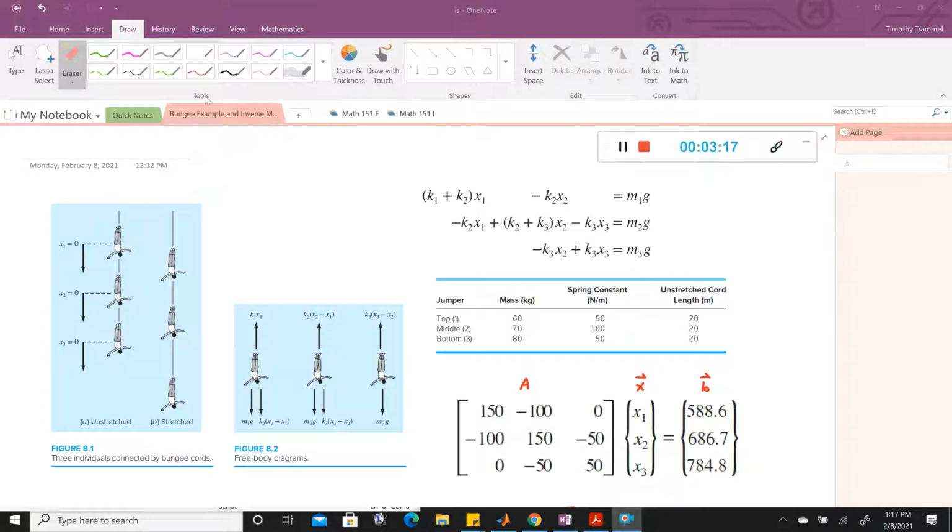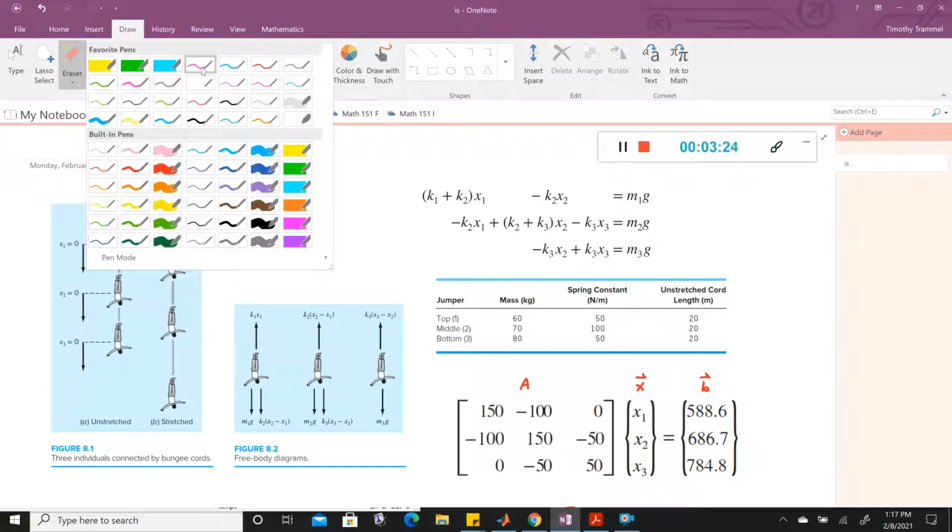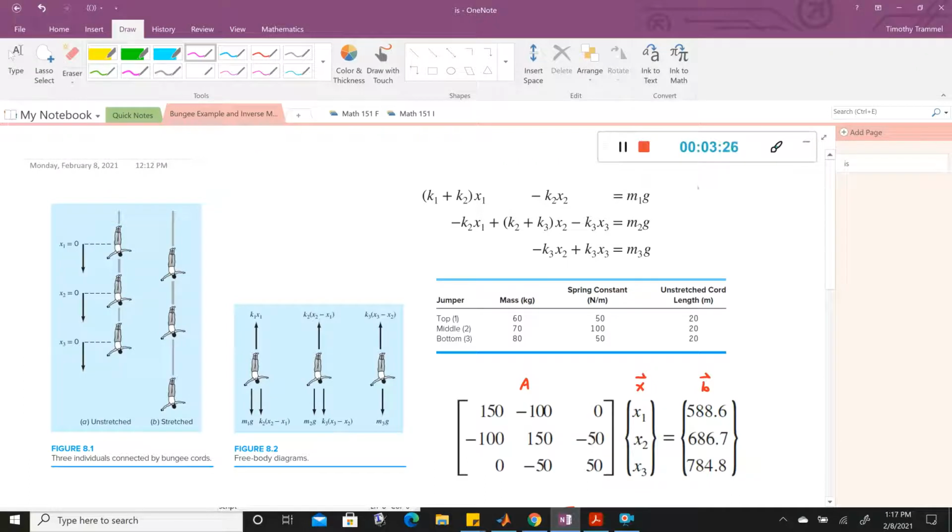And the things that you would need to input into this are, let me get a pen here, the K's, which are spring constants. And these are spring constants from Hooke's law. The other thing you have are the masses of each bungee jumper.